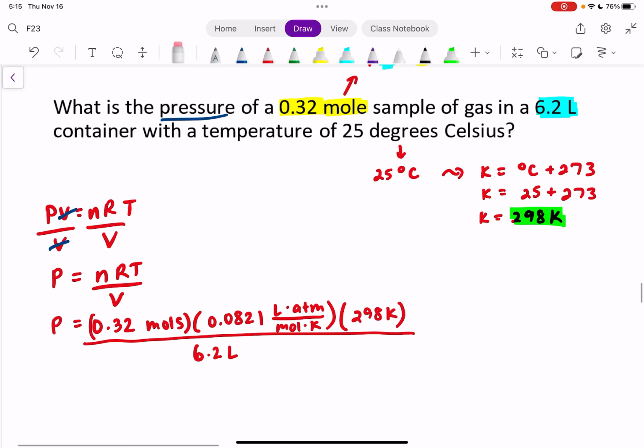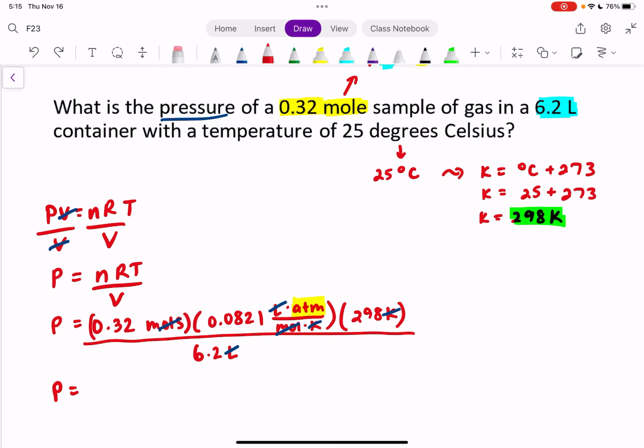All right. So let's figure this out so we can cancel out lots of these units here. Well, I know I have moles in the numerator and moles in the denominator here, so we can cancel those out. We've also got Kelvin over here and Kelvin over here, which cancels out. We've got liters in the numerator and liters in the denominator. So that cancels out. And then we're left with ATMs, which is great because we are looking for units of pressure, right?